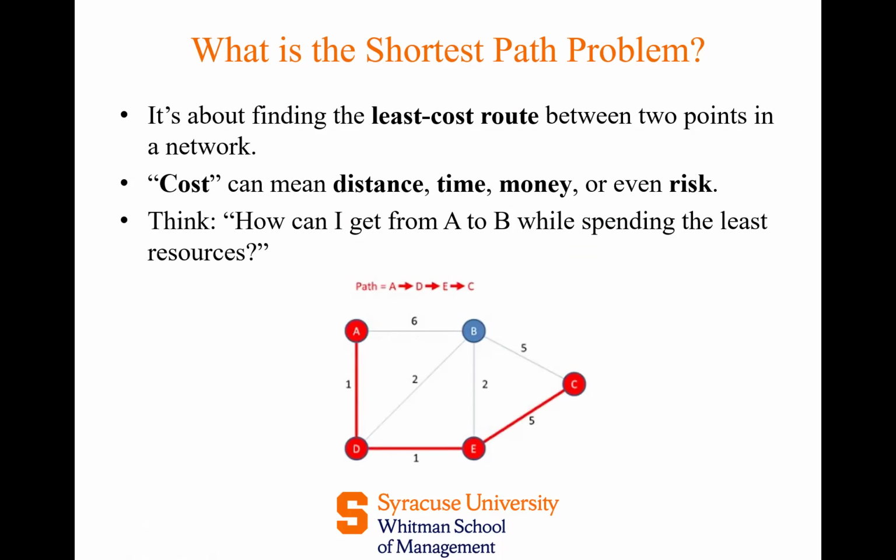It can be $1, 1 mile, 1 kilometer, 1 hour, and so on. And then from node D to E and E to C. So if you go over the edges AD, DE, and EC, that will be the cheapest route to complete this path.